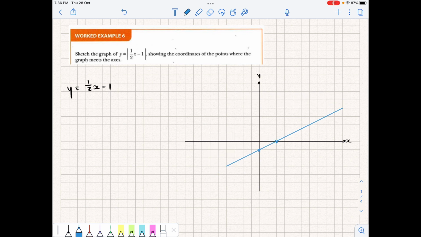The important thing is we need to reflect about this point here, because this is the point where the line y equal to a half x minus 1 becomes negative. And we don't want negative solutions, we want positive solutions. So every point below the x-axis is just going to be reflected about the x-axis.